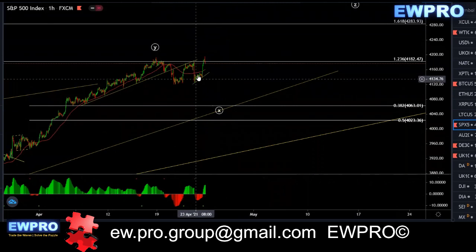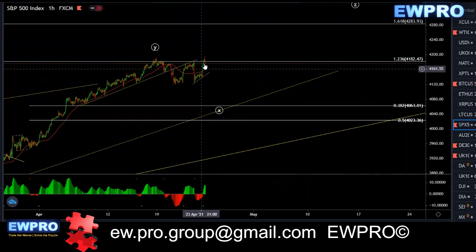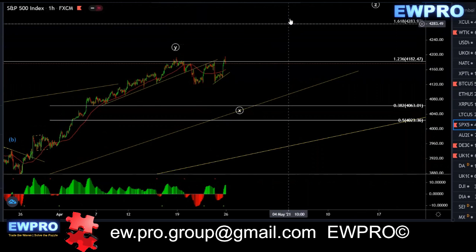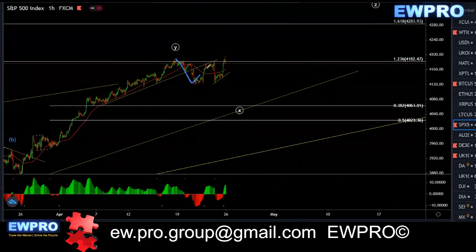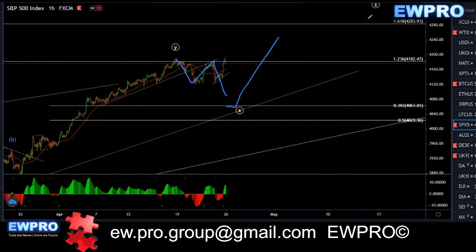So I think I was looking for a sell in here, but it never broke. I was looking for a larger A, B, C back to this 38.2, and then give us a buy setup. It didn't do that. So it can be an A, B, C in here, and then look for the buy. It's going to be hard to buy it up here because you will start to get all that bearish divergence.